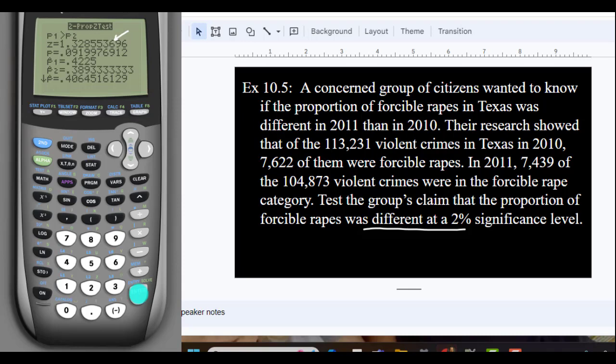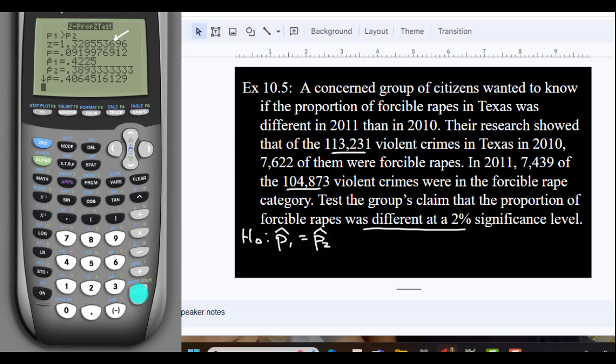Okay, so again, they're looking at the statistics for their entire state. When you look at these values, 7,000, 104,000, 113,000, there's plenty of sample data there. So let's take a look. Remember that the null hypothesis is that there is no change, so P1 hat will equal P2 hat.